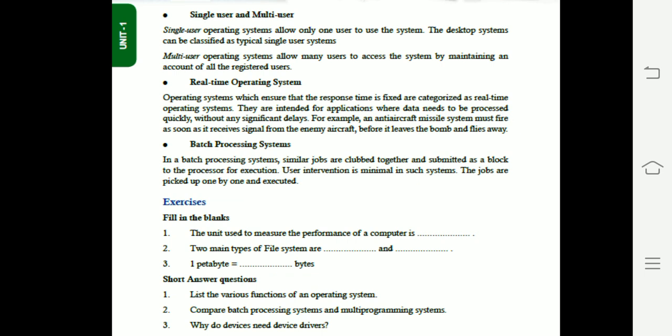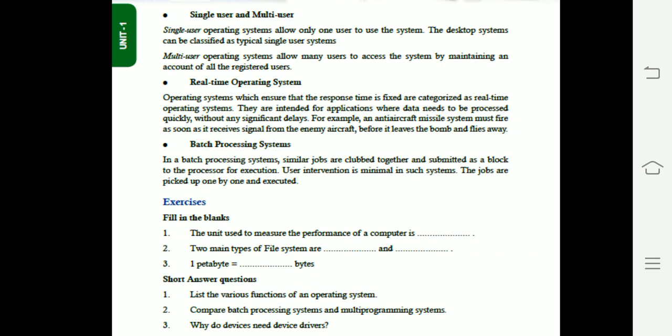Then it comes multi-user and single user. In single user, only one user can work on the system, and in multi-user, the same software can also be shared over the network. Multiple CPUs can use the same operating system, which is known as a multi-user operating system.